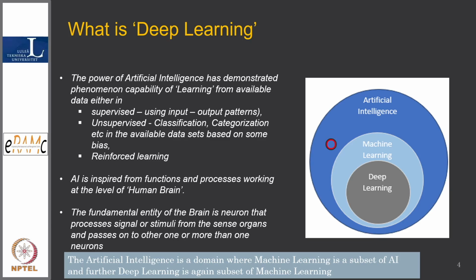Now at the outset, as I mentioned, AI is inspired by the human: how information flows in the brain, how perceptions are formed, how rationales are formed, how decisions are made in the frontal lobe of the brain. Probably that is the biggest learning that has inspired programmers and AI experts to design AI tools.